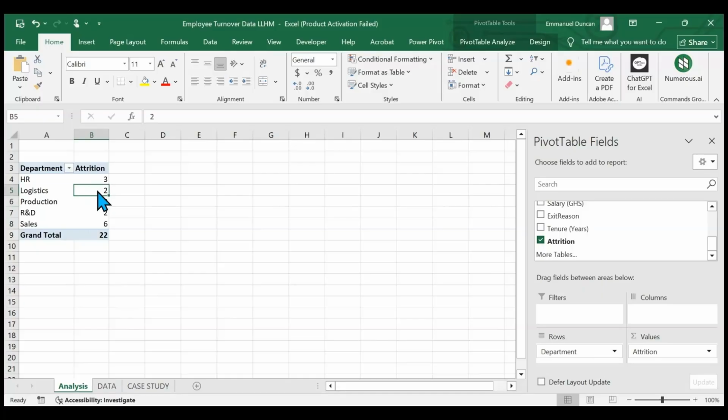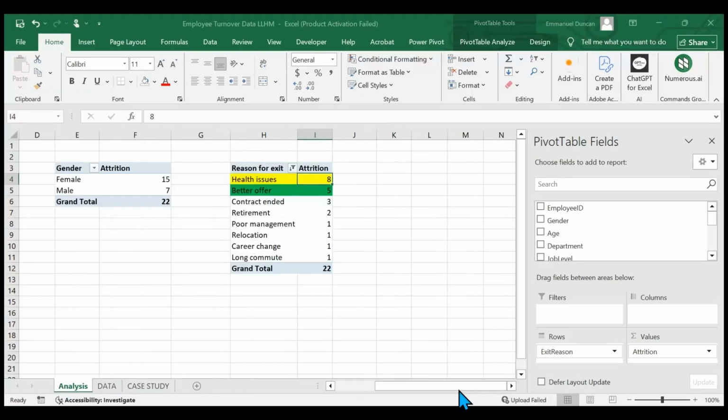So we can quickly sort this. Let us filter by department to know the concerns of the employees that are leaving.